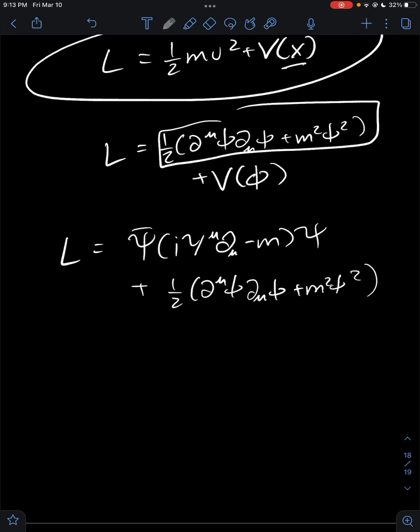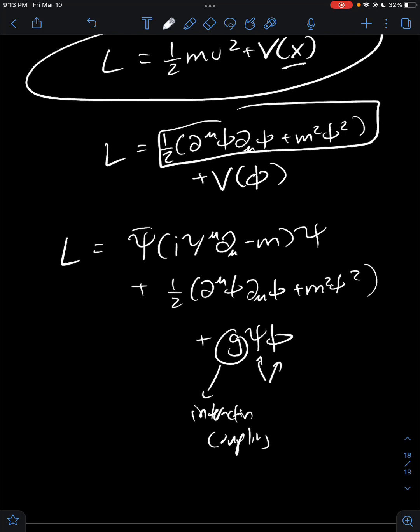However, if we add some interaction term that mingles these fields together, like, say, I don't know, this over here, I just made something up, where G here is some interaction coupling, and we have multiplied these two fields together, now we have interactions, because with this term we can now describe electrons colliding with the Higgs boson.